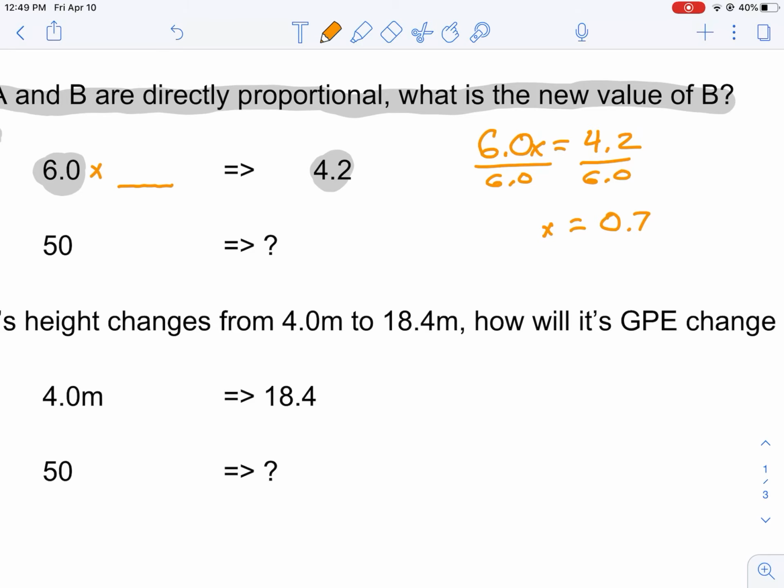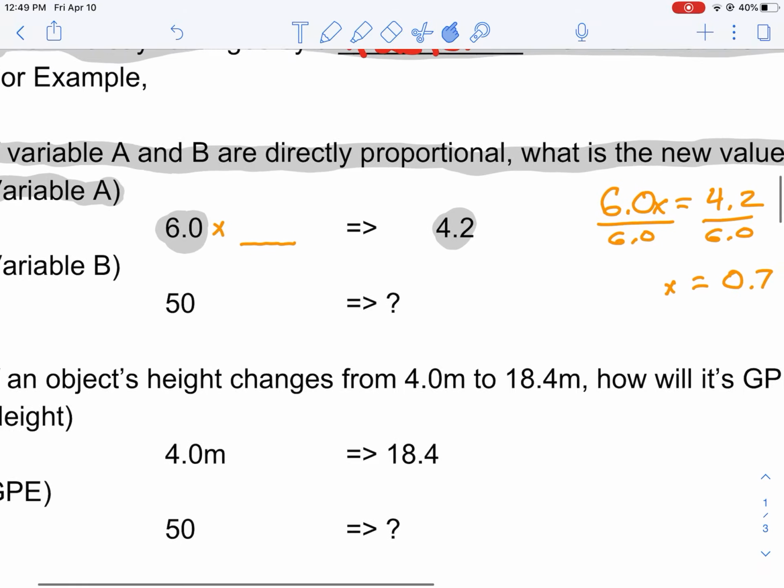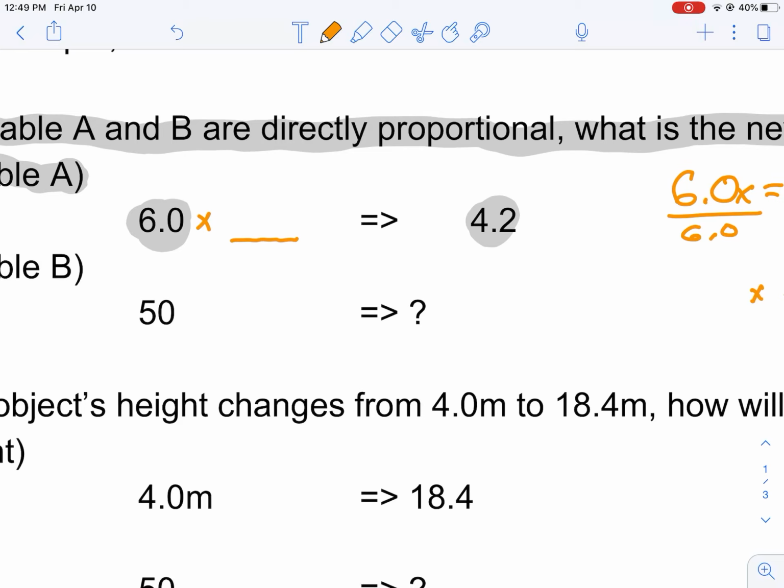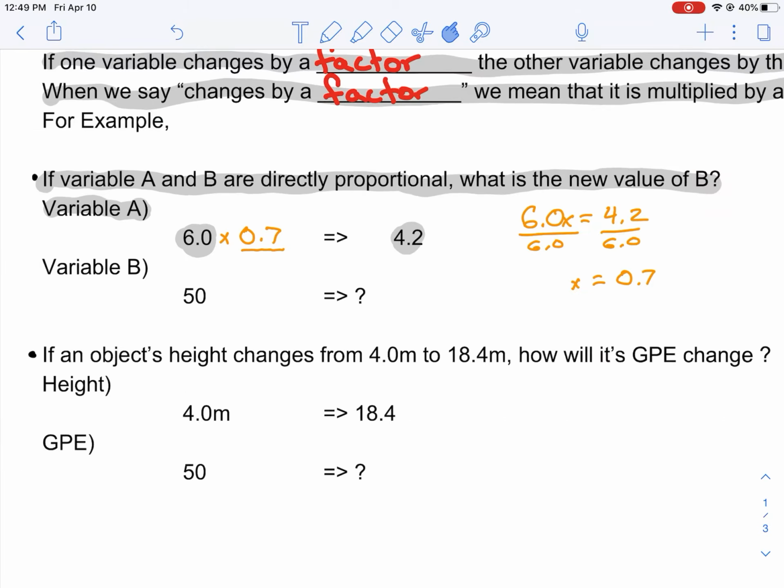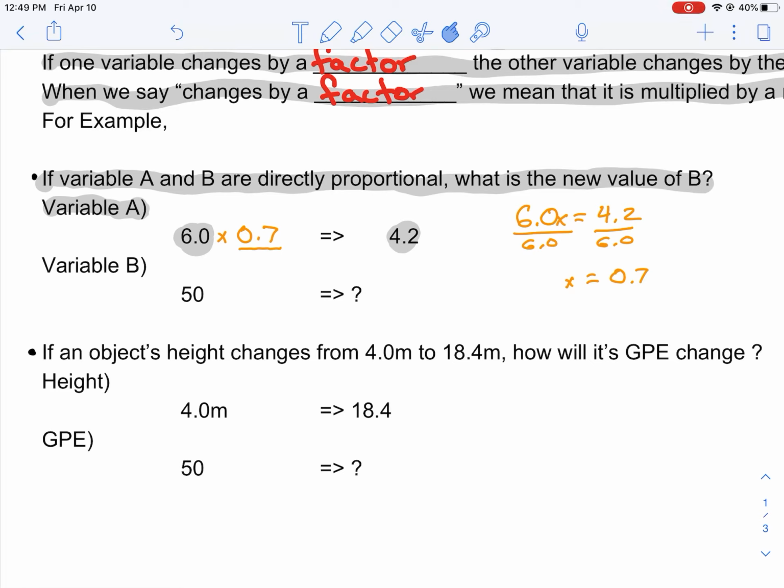So you'd find or discover that this little factor here is 0.7. So why is this important for physics? Because if one thing changes, the other thing also changes. That's a cause and effect, and we've been recognizing this pattern of a directly proportional relationship.